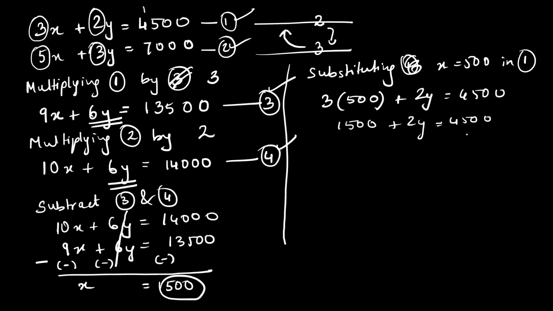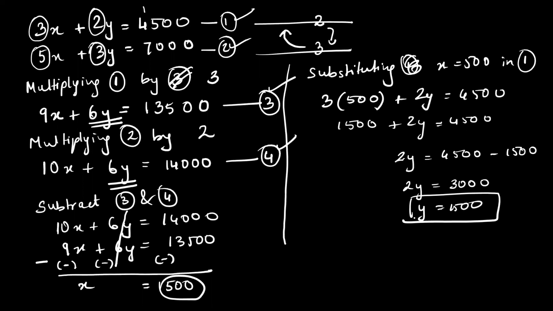3 into 500 is 1,500 plus 2y is equal to 4,500. 1,500 goes to the other side and becomes minus, so I'll get 2y is equal to 4,500 minus 1,500. 2y is equal to 3,000. And if I divide by 2, I'll get 1,500. So the cost of one table is 1,500. Now we have found the individual costs. Let me check what we are supposed to find. They are telling us clearly we are supposed to find the cost of 2 chairs and 2 tables. 2 chairs means 2x and 2 tables means 2y.